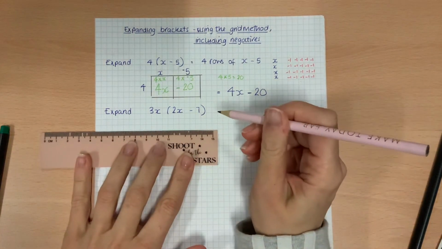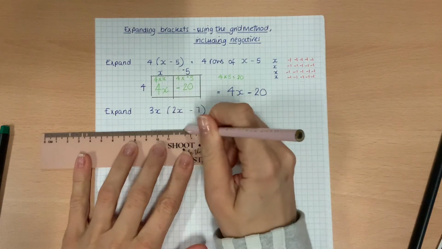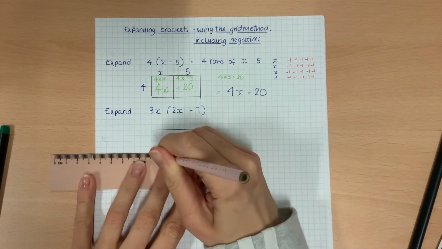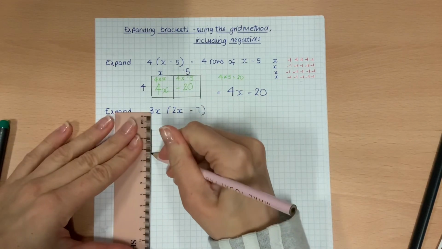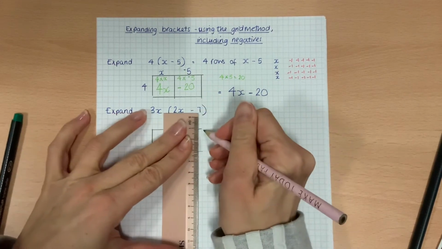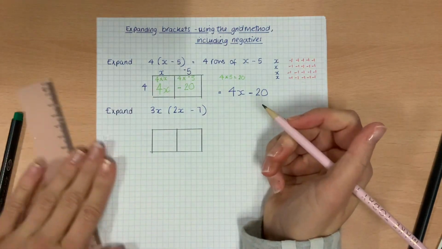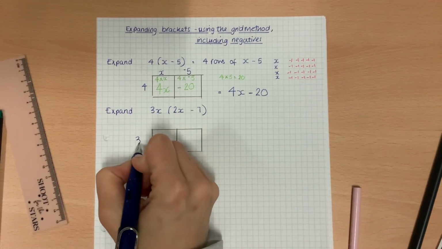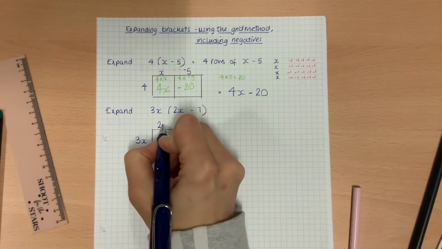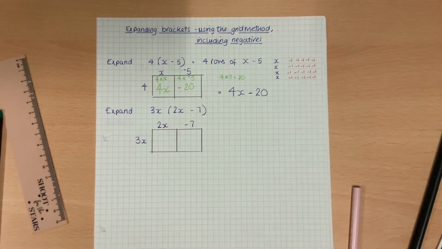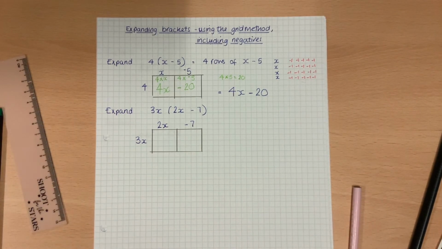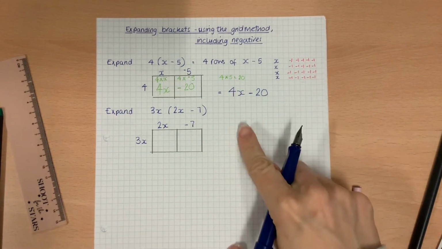Let's have a look at the next one. This was one that I set you on Friday. It was a little bit more tricky because I'd put an x on the outside and an x on the inside, and obviously I've thrown in a negative in this one as well. So this time I've got 3x and 2x minus 7. This basically means I've got 3 x's. Now this is where it gets confusing because I haven't got my algebra tiles.